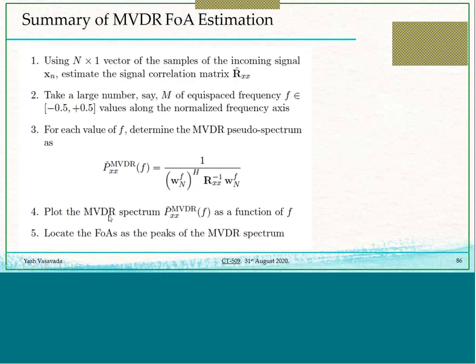And then we plot the MVDR spectrum as a function of f, and the frequencies of arrival are located as the peaks of this MVDR spectrum. So that is the summary of the MVDR technique.